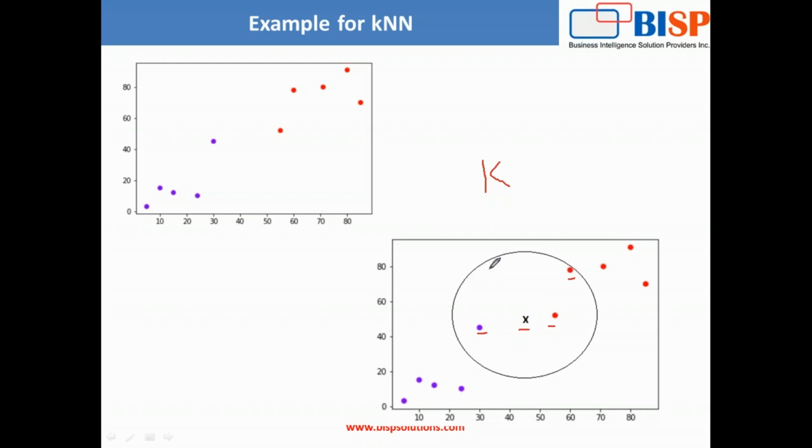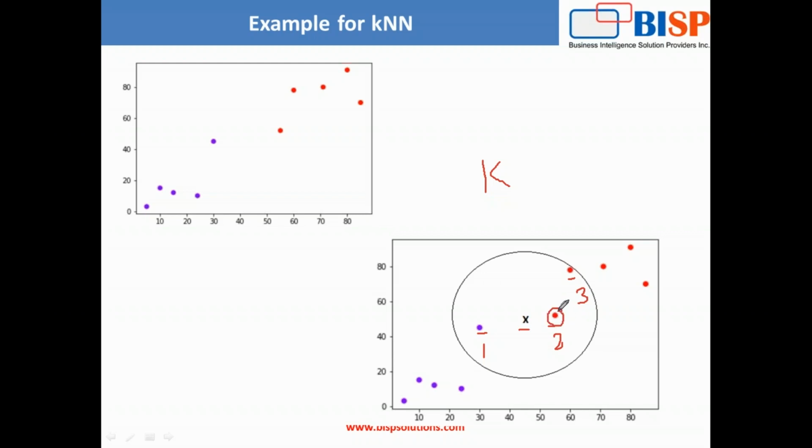All these 3 points we have enclosed within a circle, number 1, number 2, number 3. The final step after finding the nearest points is to assign the new point to the class to which the majority of the 3 nearest points belong. From this figure we can see that 2 of the 3 nearest points belong to class red.